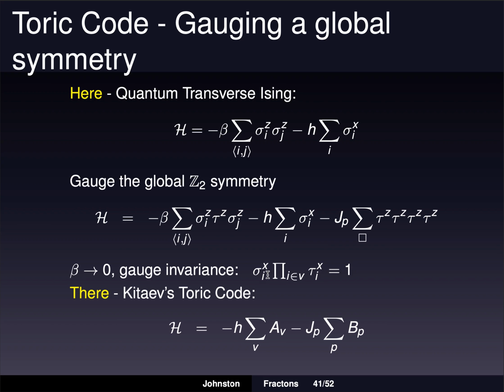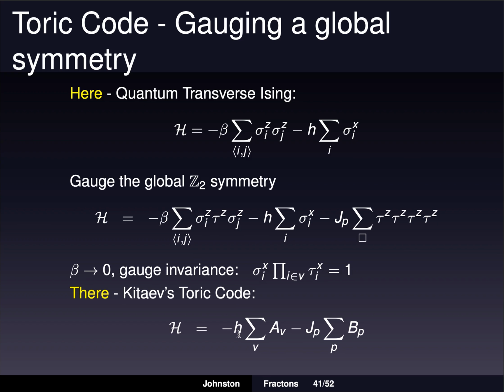If I do this, I've got a gauge invariant state. So if beta goes to 0, the first term vanishes. I can replace the sigma x by the product of the tau x's for gauge invariant states, this term here, and I leave the Plaquette term.